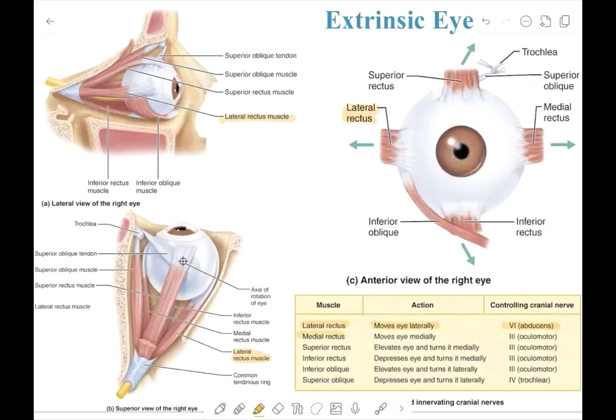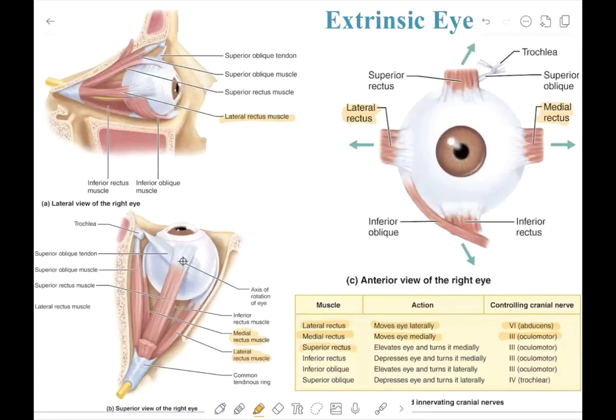We then have the medial rectus, which would be on the inside of the eye. The medial rectus is going to move our eye medially, and it's controlled by the oculomotor nerve. So notice that 4 out of 6 of the extrinsic eye muscles are controlled by cranial nerve 3, which is the oculomotor nerve.